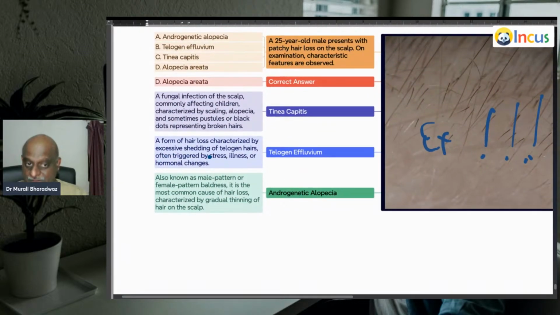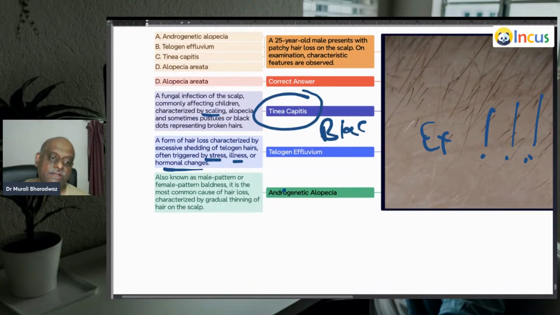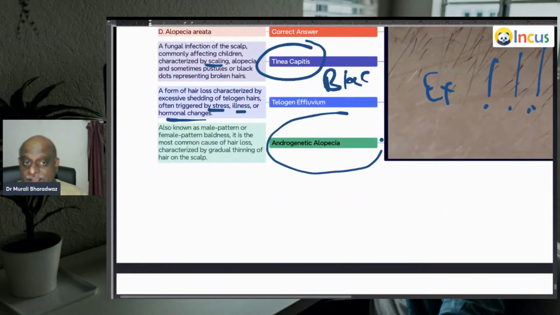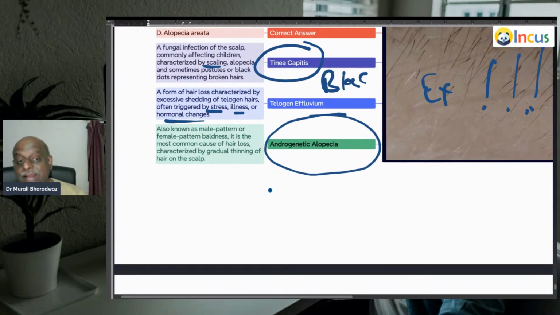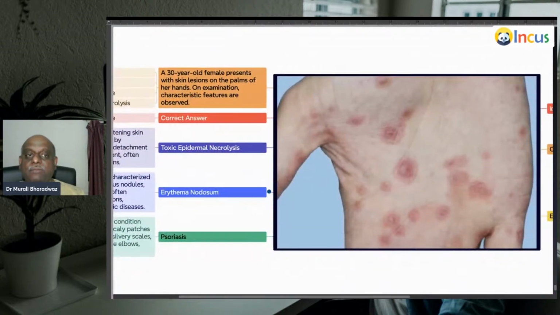It typically happens whenever there is a lot of stress, illness, or hormonal changes. Why not tinea capitis? There will be scaling, and sometimes black dots representing broken hairs are the characteristic feature. Androgenetic alopecia is the most common cause of hair loss, with gradual thinning of the hair on the scalp.